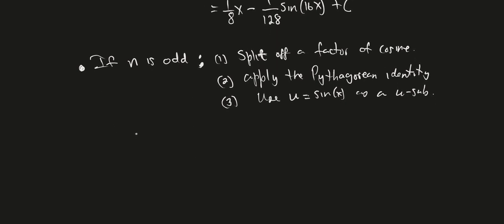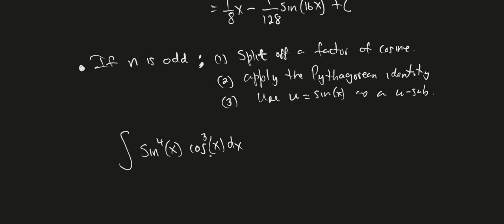So let's say we have the integral of sine to the 4th power of x, and then we have cosine of x to the 3rd power dx, right? So here is that odd power that tells me, oh, I can't use my half angle identity, so I have to do something else.